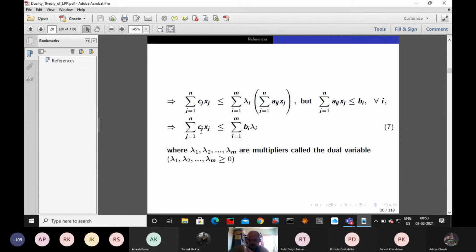The right hand side is the objective function of the dual LPP. In fact, the maximum value is always less than or equal to the minimum value of the dual objective function. And if both are equal, it means you have an optimal solution.